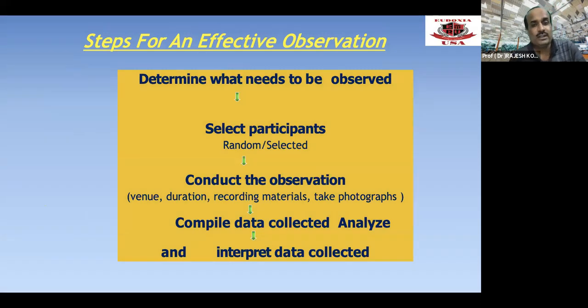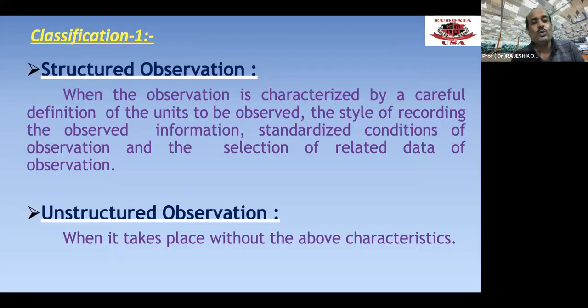So how do we use observation as a method of data collection? Determine what to observe, where, and on whom, the participants. You can choose randomly depending upon the research question, conduct the observation, compile all the data, then interpret it.